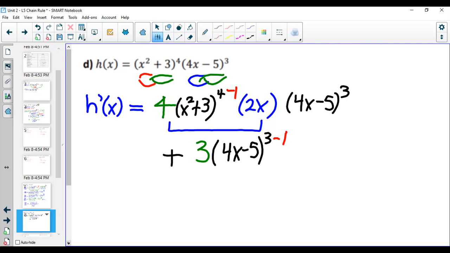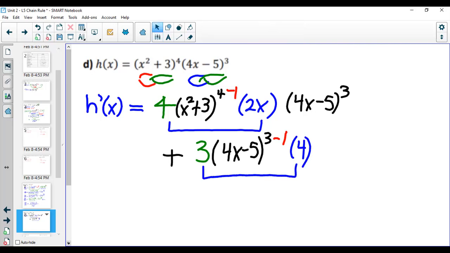Then I have to take the inside. So the inside of 4x minus 5 is multiplied by 4. So all of that is chain rule. But I have to remember my product rule now, and the product rule tells me to multiply the derivative of the second function by the original first function.